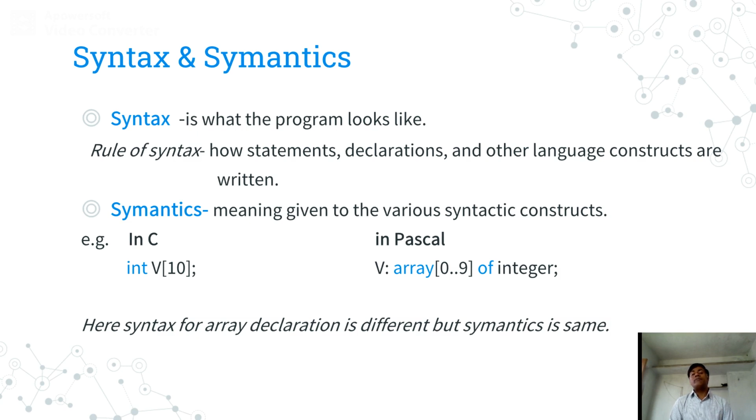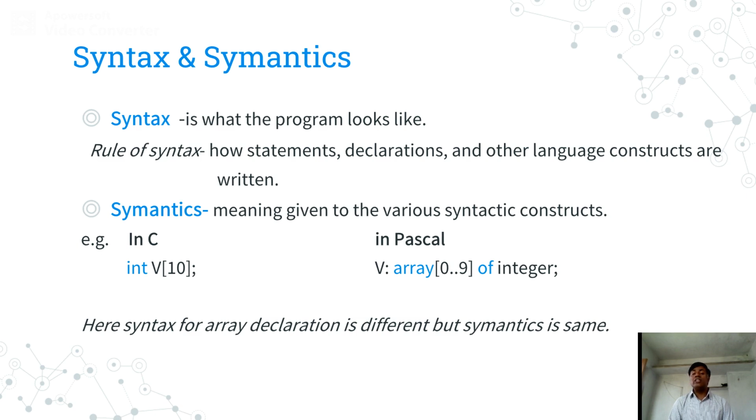For example, I am taking two languages. In C, if you declare an array using int v, it is an array of integers named v of size 10. In C we declare it as int v of 10, but in Pascal we declare the same thing as v: array 0 to 9 of integer.